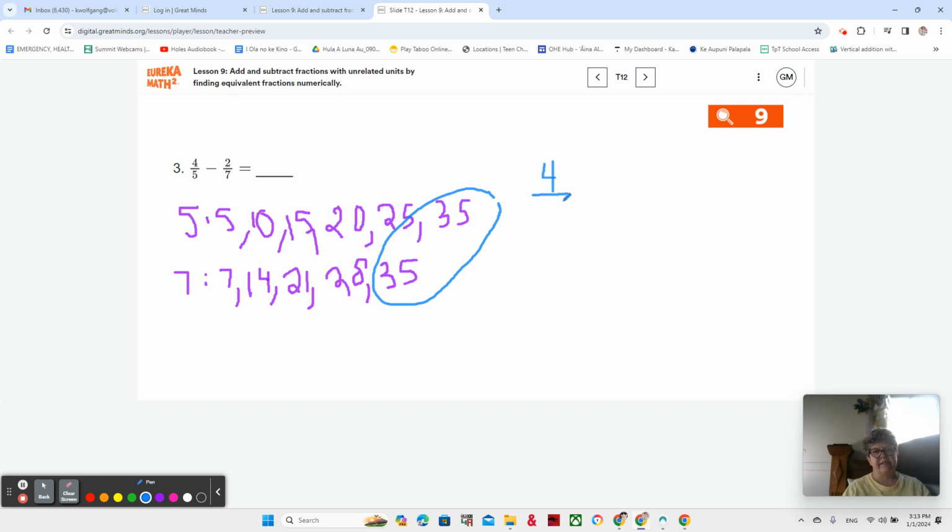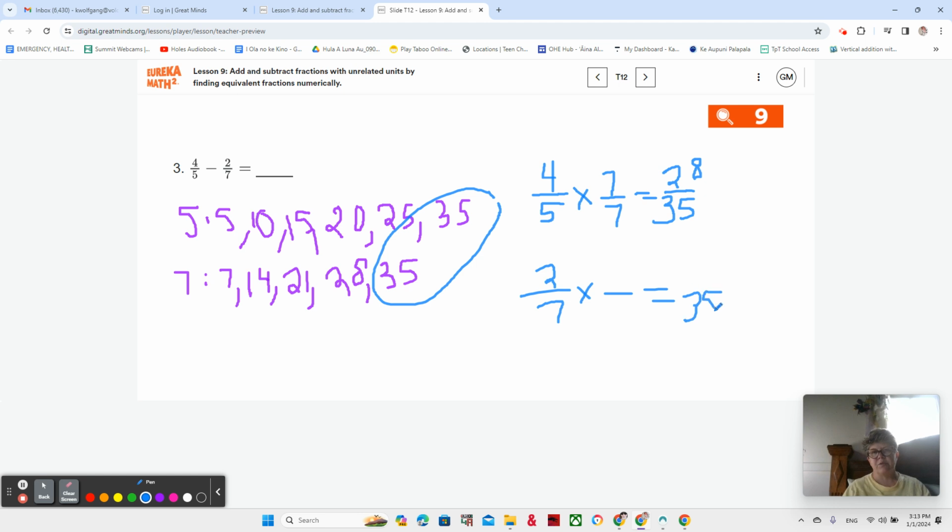Now remember, the next step is to change both of them so that their denominator is 35, right? So I'm going to say 5 times what is 35? 5 times 7. 7 times 4 is 28. Now I'm going to change my 2/7, have to change them both so that they have a common denominator so I can subtract.